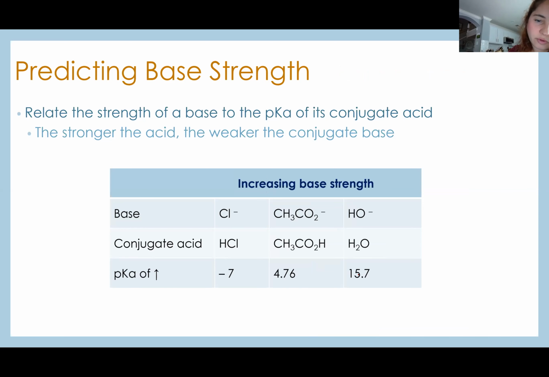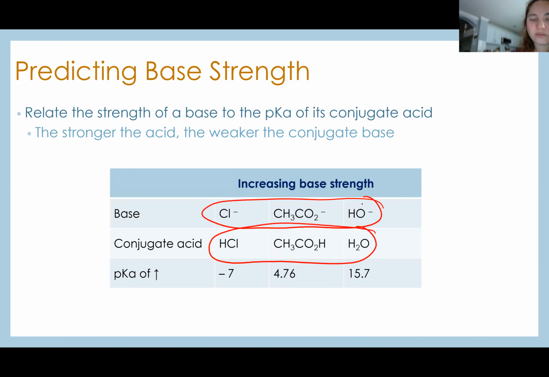So again, if you're trying to compare bases, the easiest way is actually to look at their conjugate acids. Then you only have to have one set of numbers in your head.